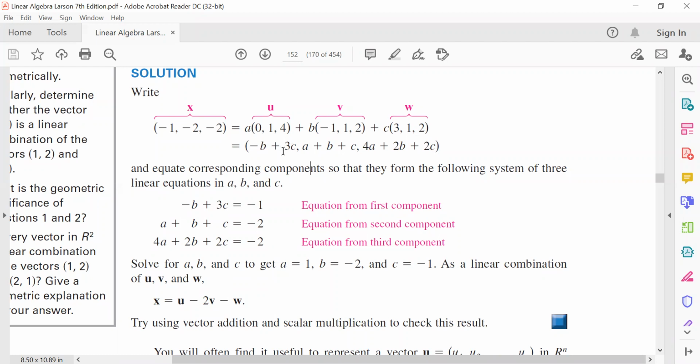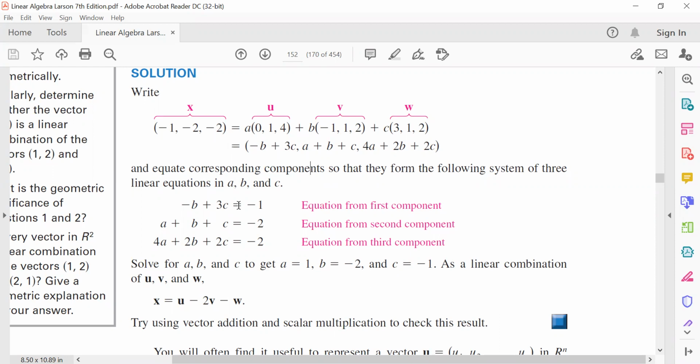So now we're going to match it up, because if these two vectors are equal, then their components are equal. So negative b plus 3c has to equal that -1. a plus b plus c, which is in the second position, has to equal -2. 4a plus 2b plus 2c, which is in the third component, has to equal that -2 right there.